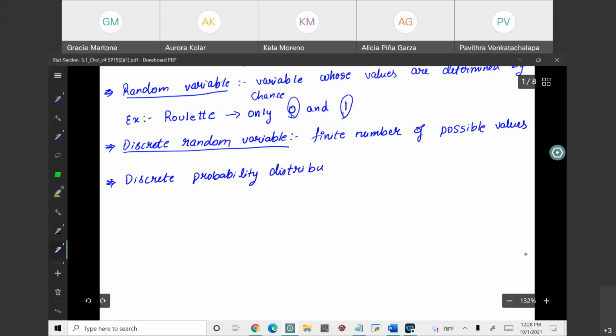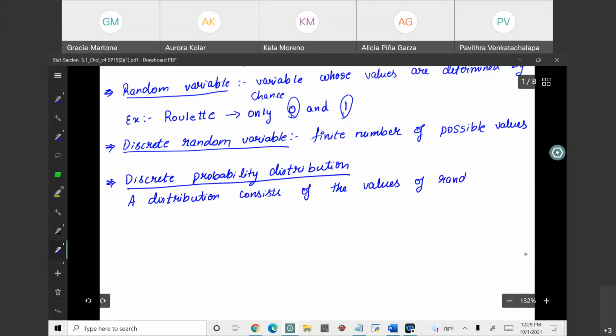A discrete probability distribution is a distribution which consists of the values a random variable can assume and the corresponding probabilities of those values.